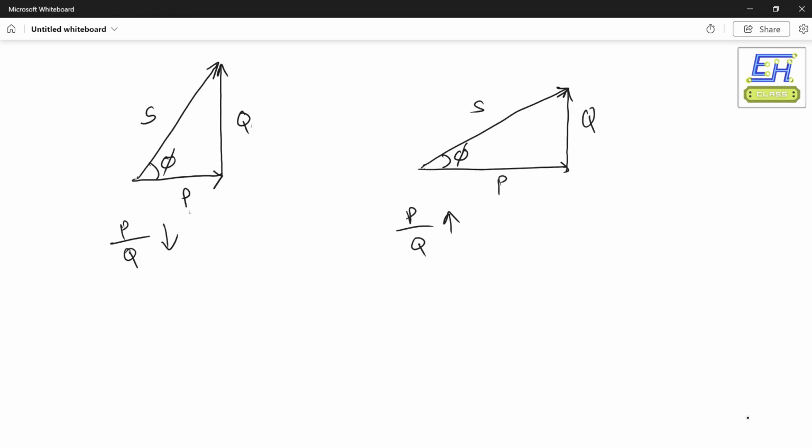So in the first case, where P by Q is really less, this means that we're using more reactive power than active power. And this is not good, because real power is the main thing, and if you are using it, then it is good. But if you are using more reactive power than that, then it's bad.